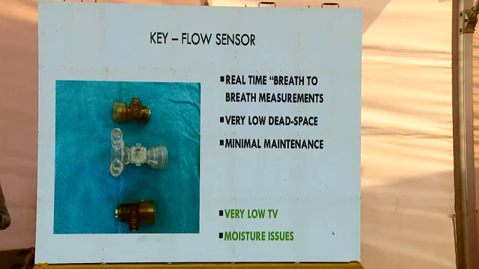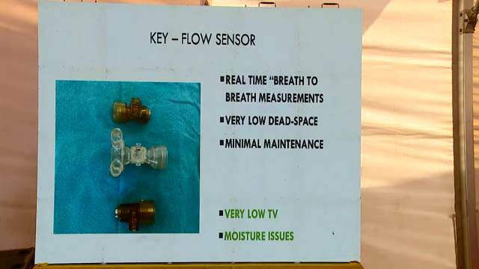In adult ventilators, it is usually inside the ventilator machine. In adults, the tidal volume is large, like 500 ml in one breath, and the circuit volume loss, the compressible volume loss, is not much as compared to 500 ml.